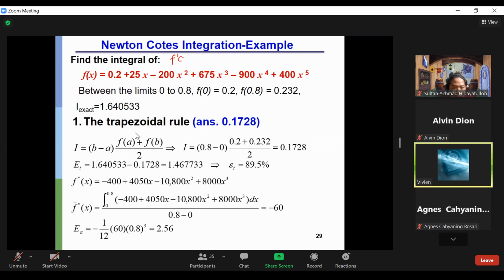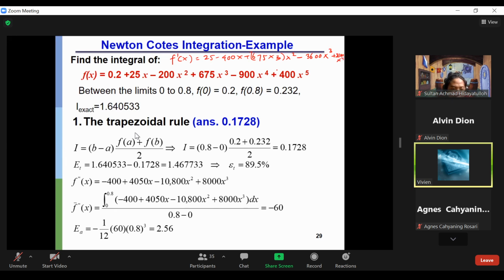So if we calculate f'(x), the first derivative of the function, that will be 25 minus 400x plus 675 times 2 times 3 squared x minus 900 times 4, that will be 3600x to the power of 3 plus 20,000x to the power of 4.